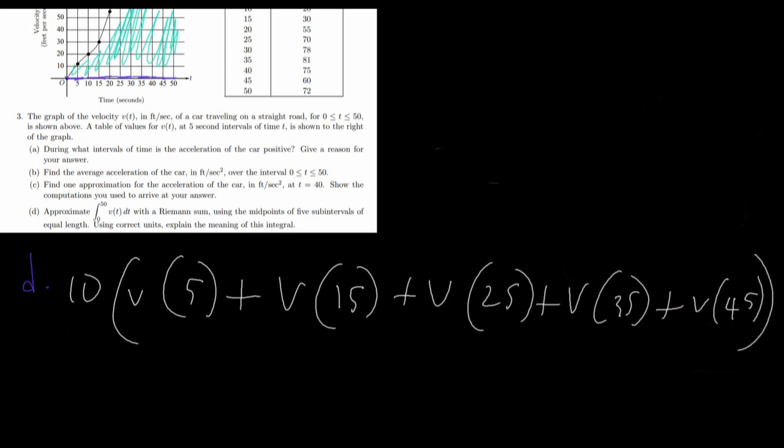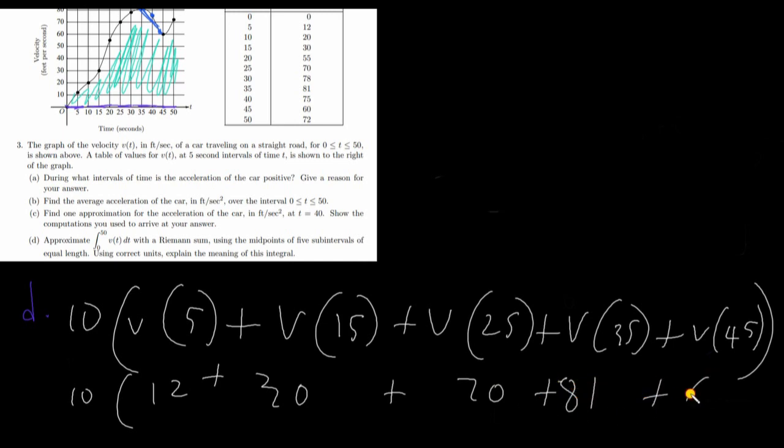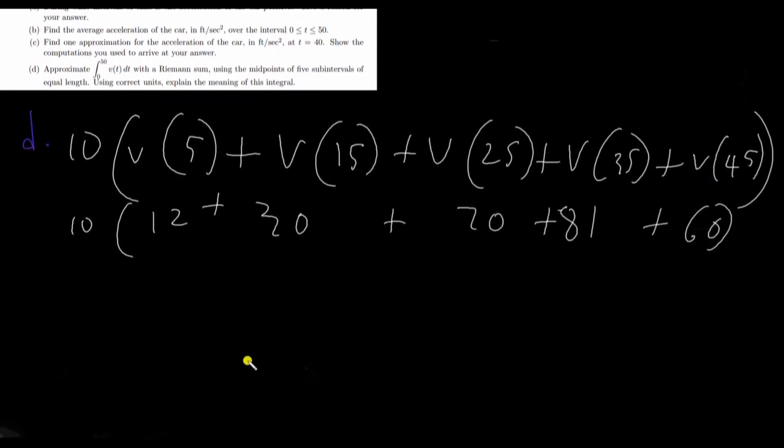Okay, and then all of these are going to come straight from the table. It's going to be 10 times v of 5 is 12, and we have 30 plus 70 plus 81 plus 60, and if you add that up and multiply, you're going to get 2,530 feet.